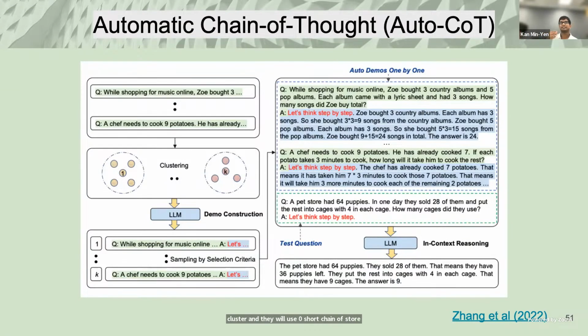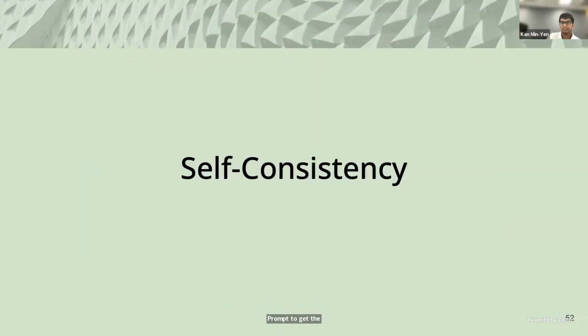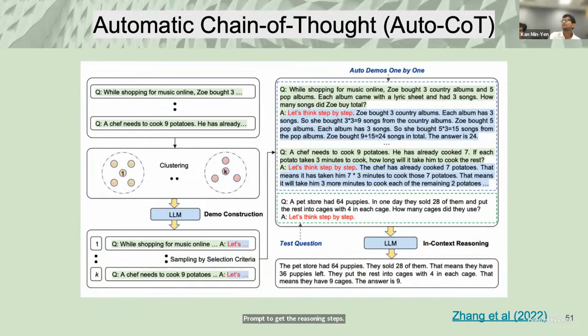So we don't have to provide the reasoning steps ourselves. They just use the "let's think step by step" prompt to get the reasoning steps. That's basically it for chain of thought prompting.